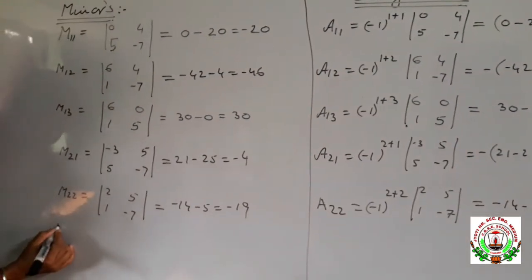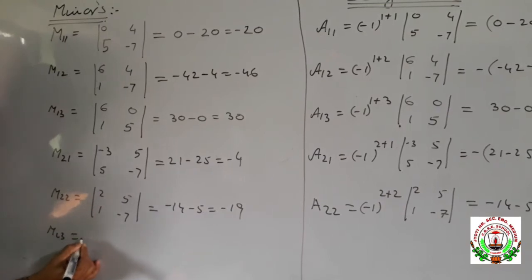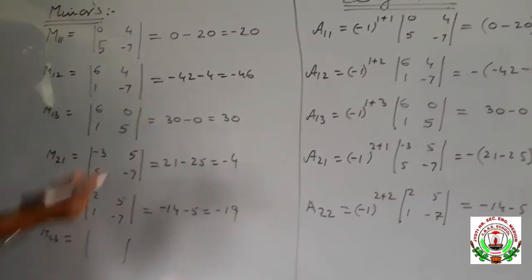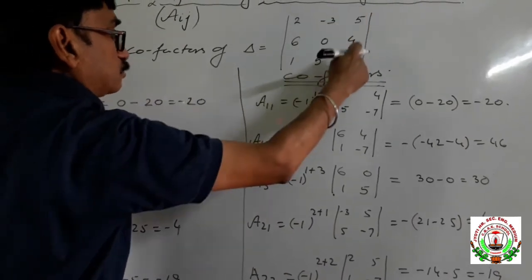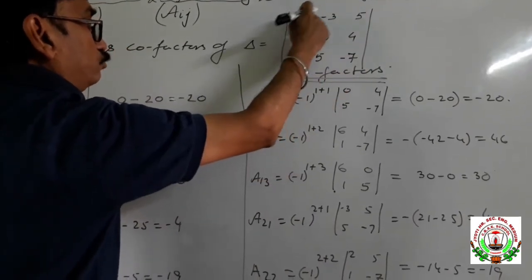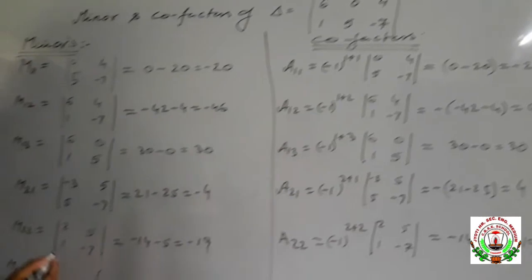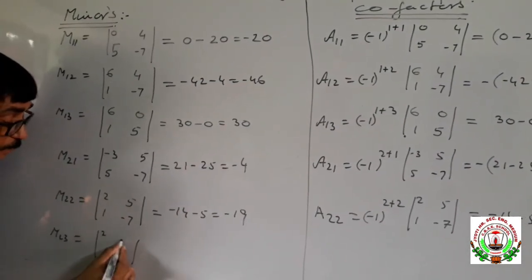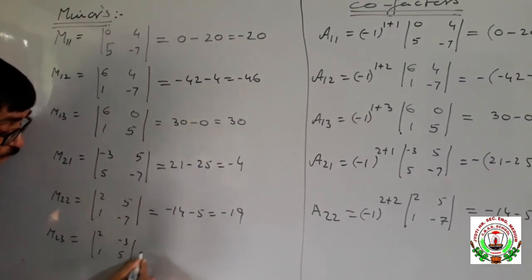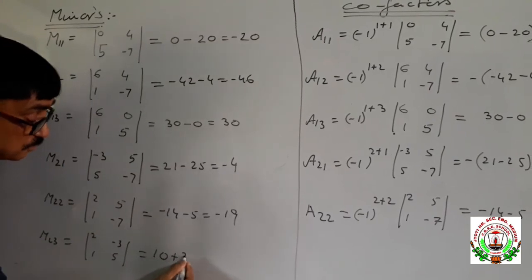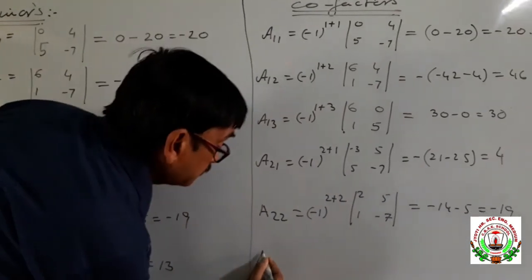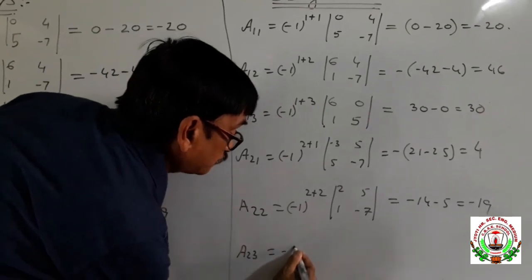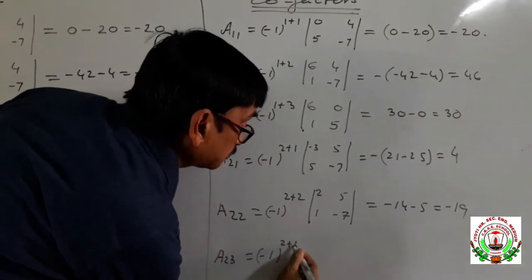Now M23, that is the second row and the third column. If we delete it, we are left out with 2 minus 3, 1, 5. 10 plus 3 equals 13, and for its cofactor A23, minus 1 to the power 2 plus 3.